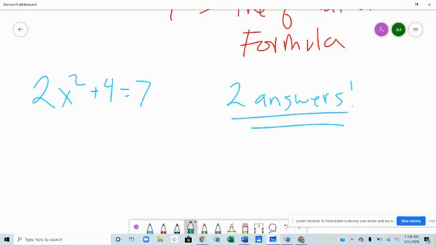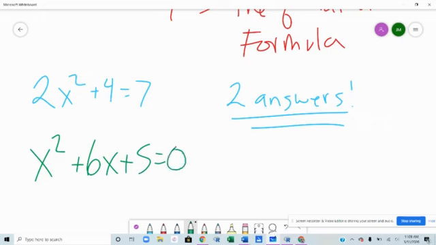Then in 9.4, you learned about solving using factoring, because sometimes you can't do inverses. For example, if you have x squared plus 6x plus 5 equals 0, you can't solve this using inverses because you have an x squared and an x, and there's not anything you can do with that to help you.